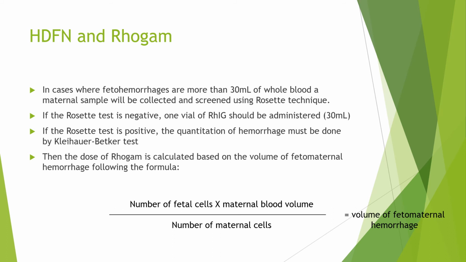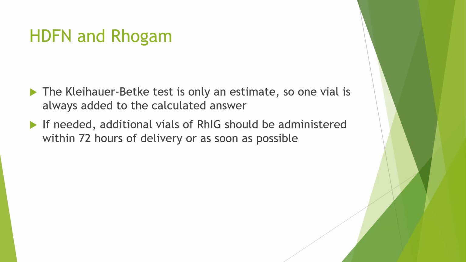The formula used is the number of fetal cells multiplied by the maternal blood volume and divided by the number of maternal cells. This will give you the volume of fetal-maternal hemorrhage. So after you have this value, you have to divide it by 30, because 30 mL is the whole amount covered by one vial of Rhogam.